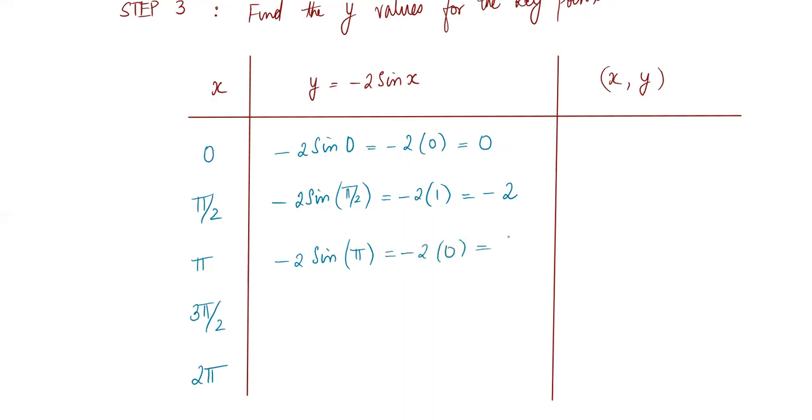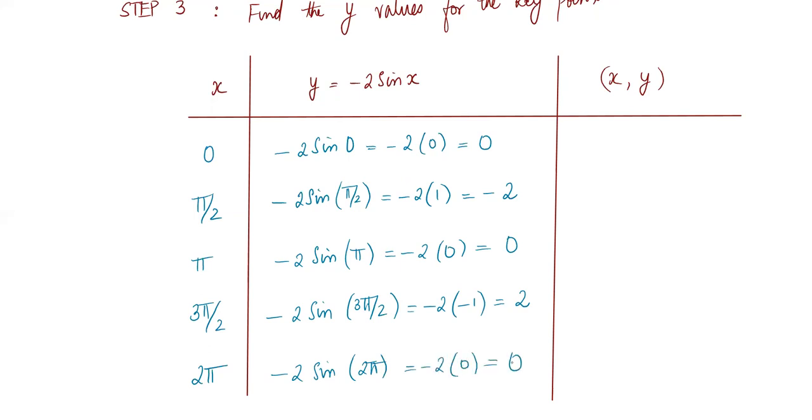Sine pi is 0, so that's 0. -2 sine 3 pi over 2: sine 3 pi over 2 is -1, so that makes it +2. And -2 sine 2 pi is -2 times 0, which is 0.